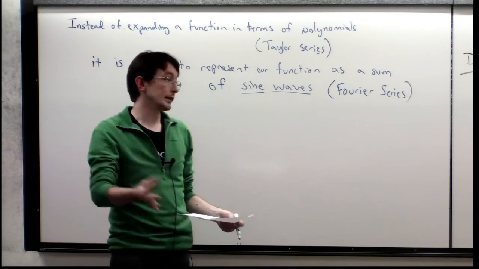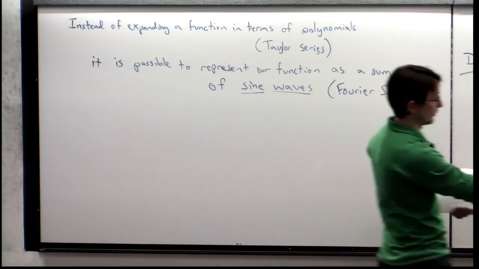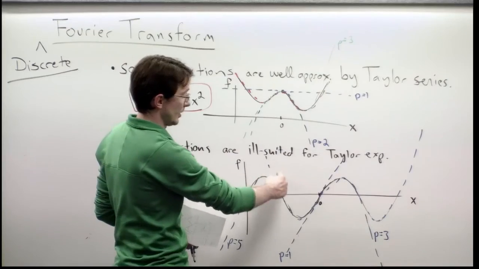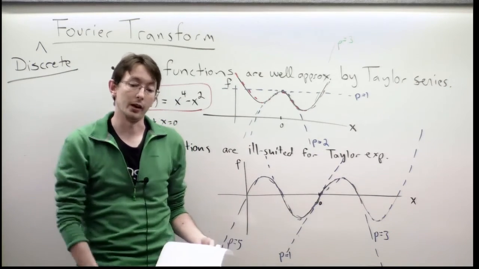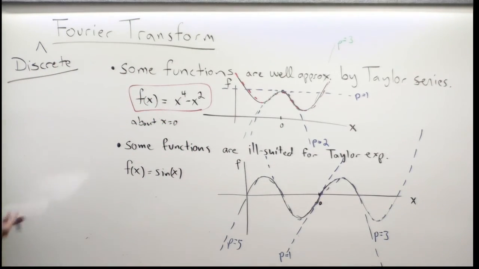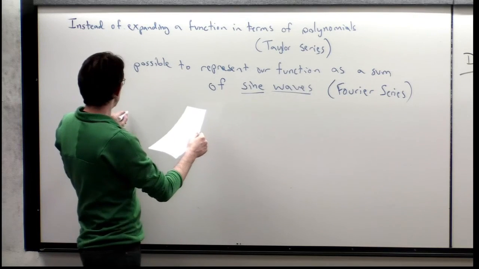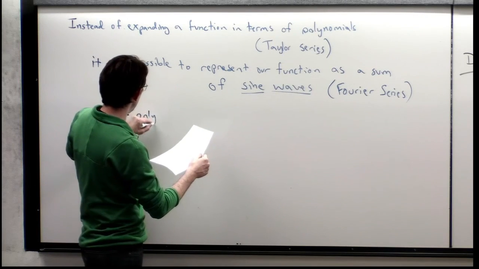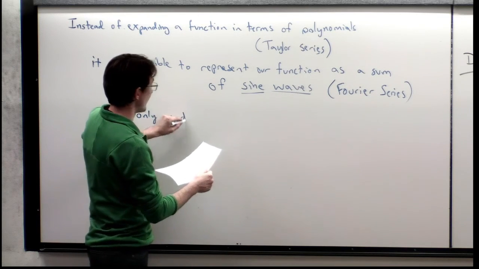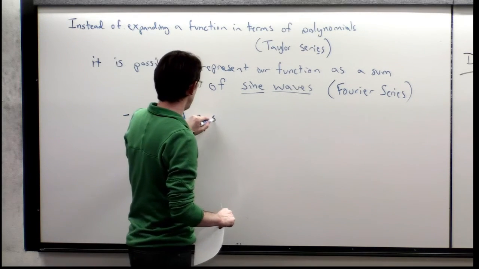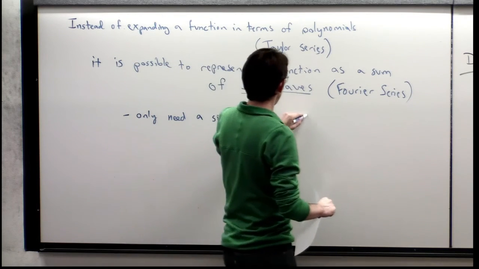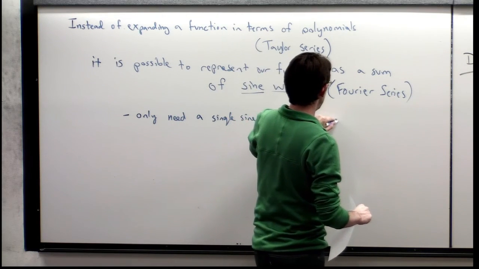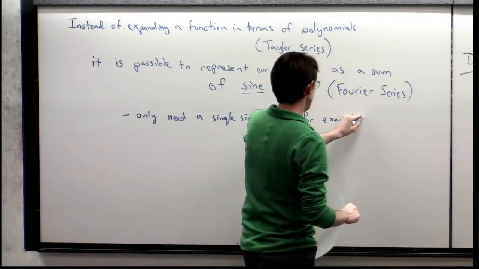And for example, in the case we were just looking at, where we have this sine wave, we need exactly one sine wave of one frequency to represent this. So this is in some sense perfect for a Fourier series. So we only need a single sine wave. For example, 2.